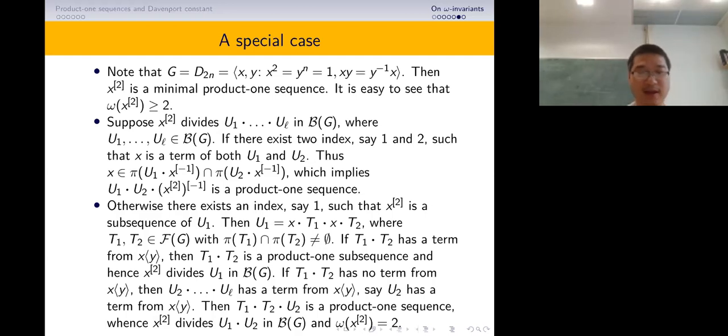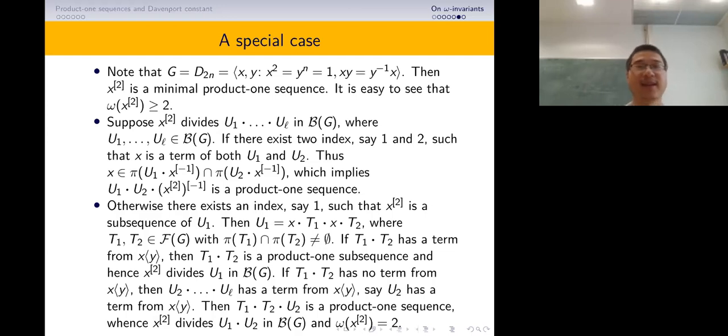Then the sequence t1, t2, and u2 must be a product-1 sequence. Whence x to the power 2 divides u1, u2 in B(G). Putting it all together, we obtain that the omega invariant of x to the power 2 is 2.